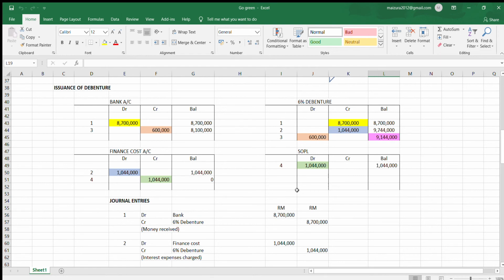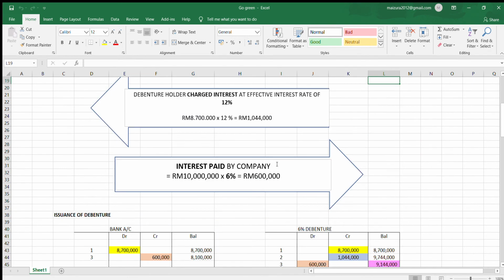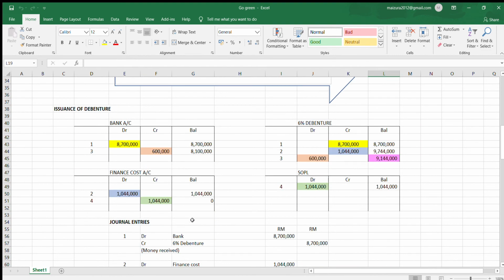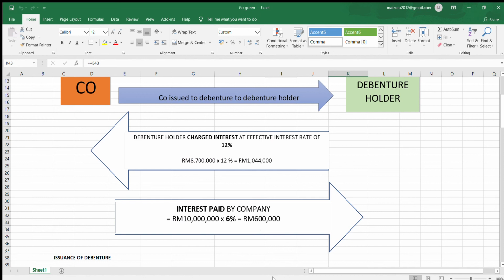The amount you get from the nominal value, minus the discount and transaction cost, is 8.7 million. This is the first entry, where we debit the bank and credit the debenture. The second entry is on this 1,044,000.